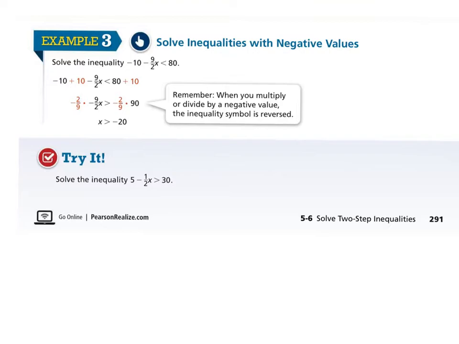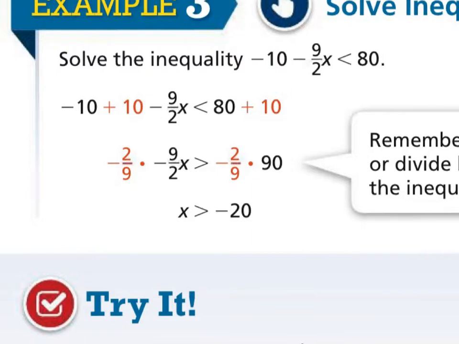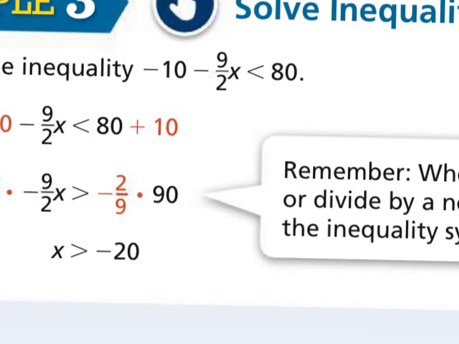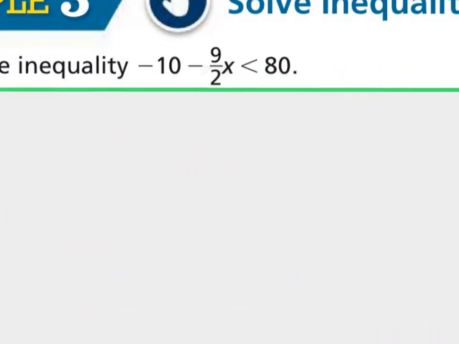So example 3, they want us to solve this inequality. Difference is we have a little bit more of negative signs and things happening, so we just have to be careful about that. If you wanted to, at the beginning here, you could add the opposite first if you'd like.